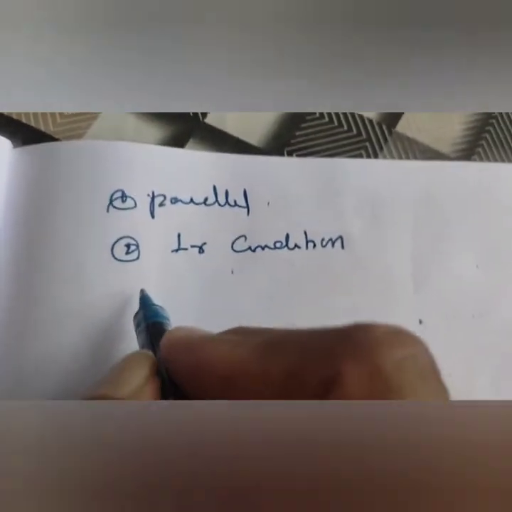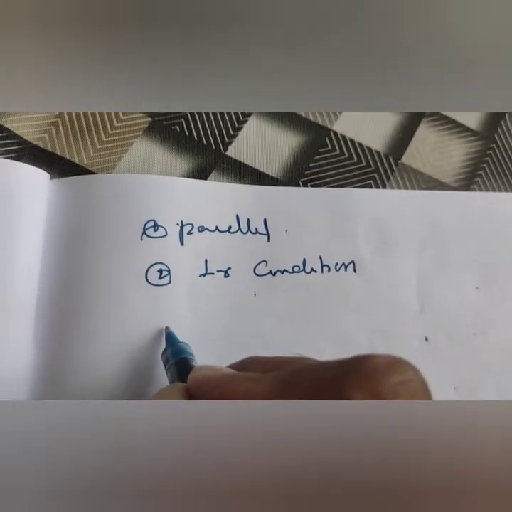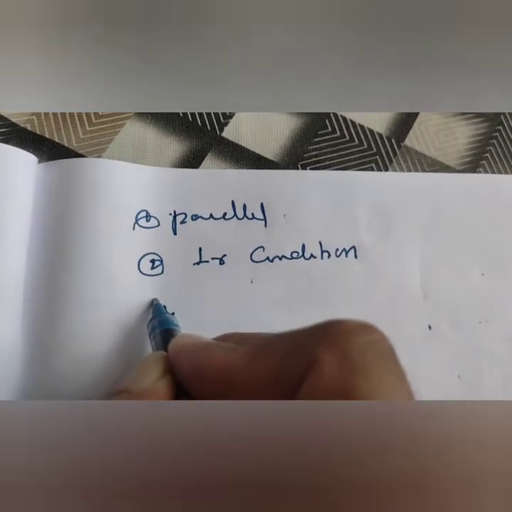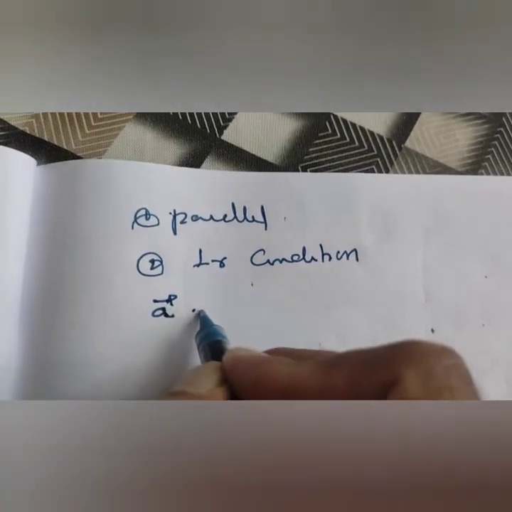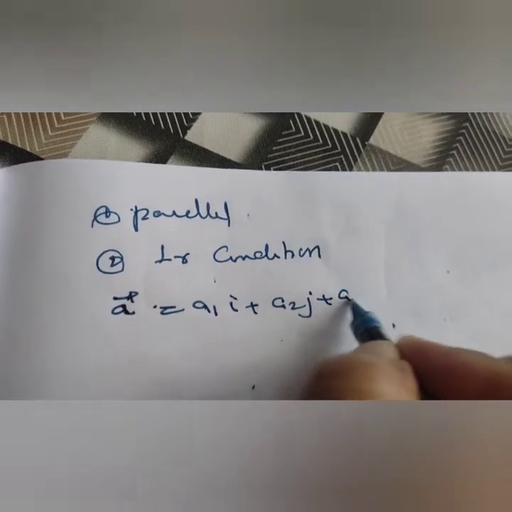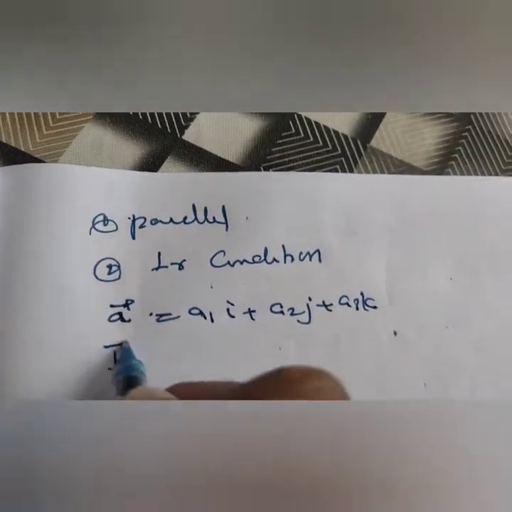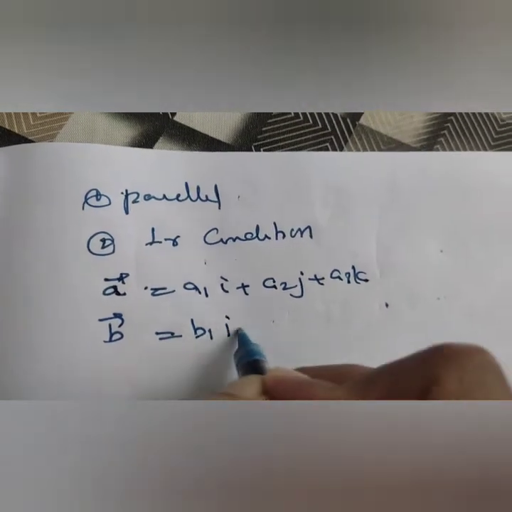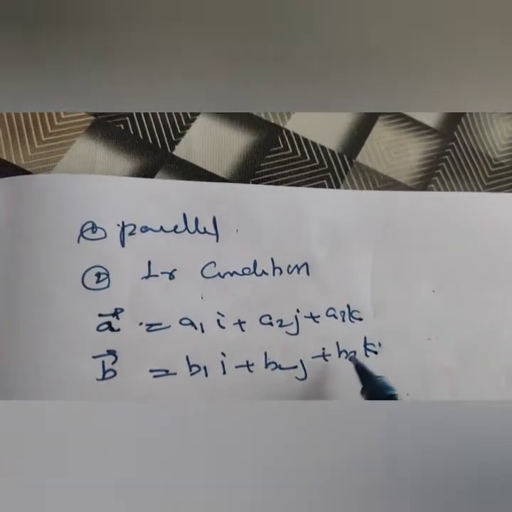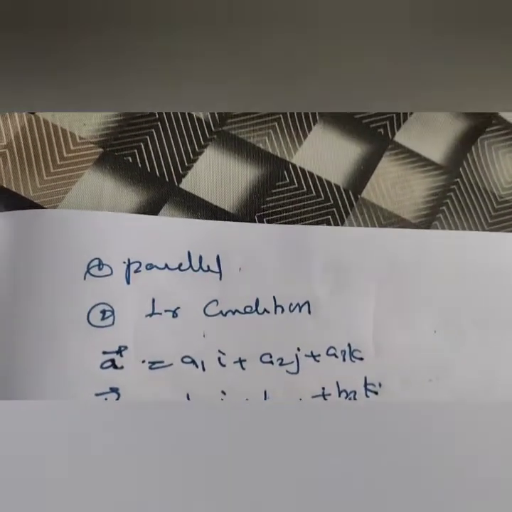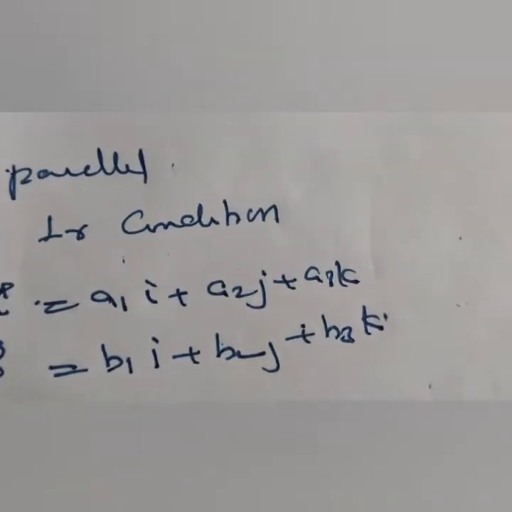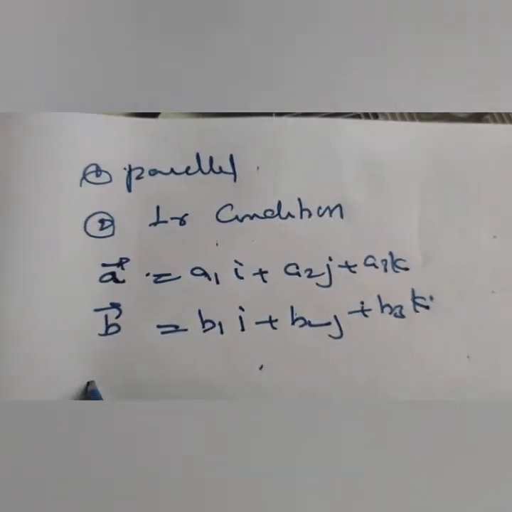I am telling about another concept here now. Let us take a vector A equal to A1i plus A2j plus A3k, and vector B equal to B1i plus B2j plus B3k. In this case, how do we know these are perpendicular or parallel?